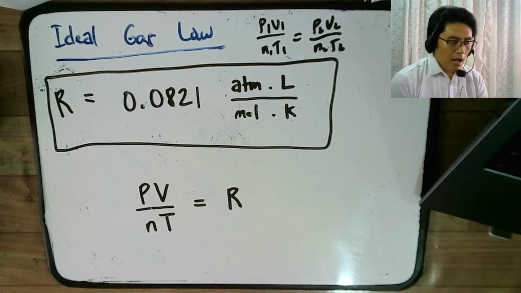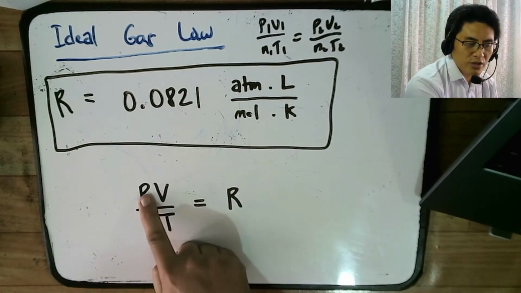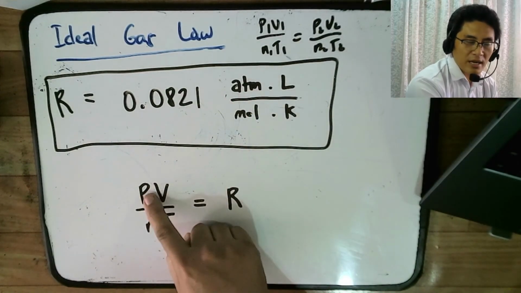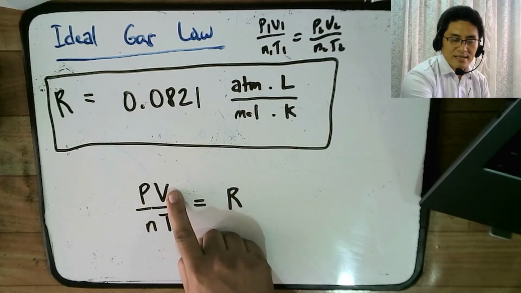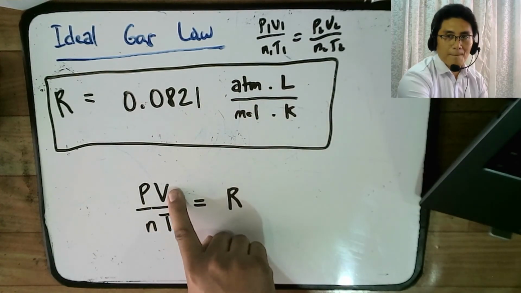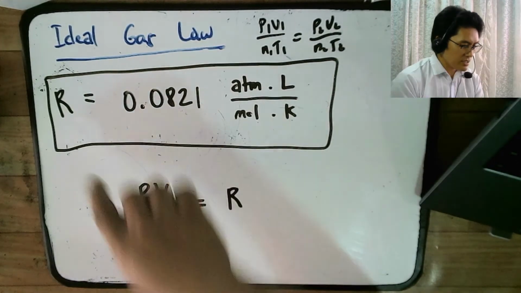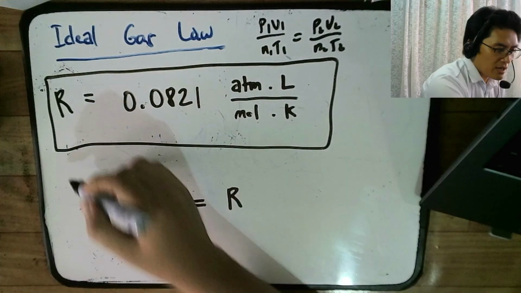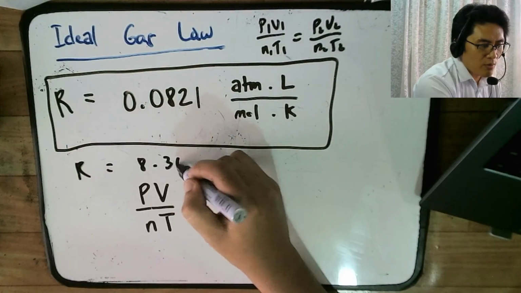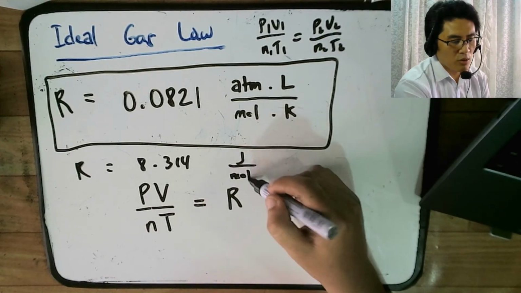Now, because we are using pressure and volume, pressure instead of atm could also be in pascals, and volume here instead of liters could also be in meter cube. So if that's the case, then this whole thing changes. And the R will be equivalent to 8.314, and then this will be joule per mole Kelvin.